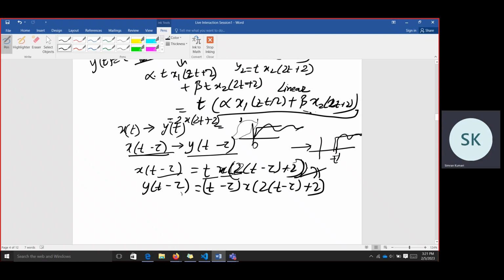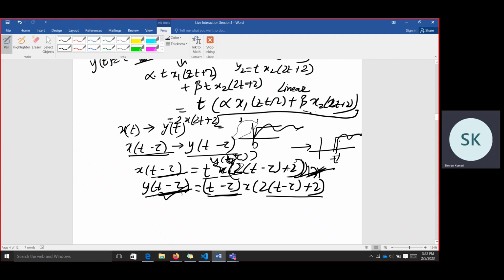So this is the output y(t) if we give x(t minus tau). And if we see y(t minus tau), this will be (t minus tau) times x(2t minus tau). So obviously this is not equal.